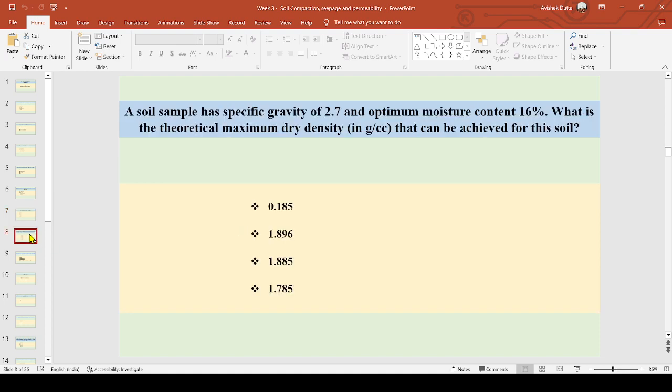This is a numerical, so write down the data very carefully. A soil sample has a specific gravity of 2.7 and optimum moisture content 16%. What is the theoretical maximum dry density in gram per cc that can be achieved for this soil?